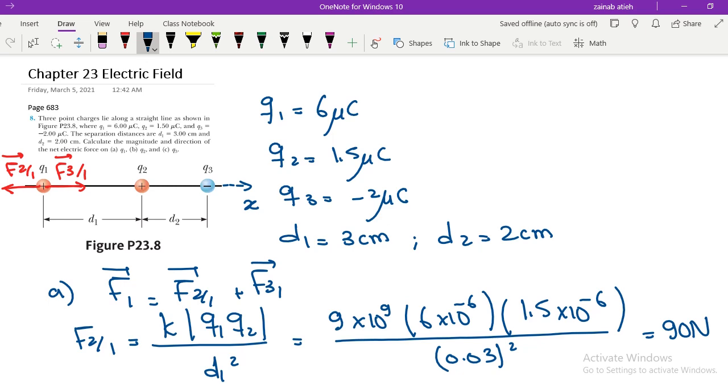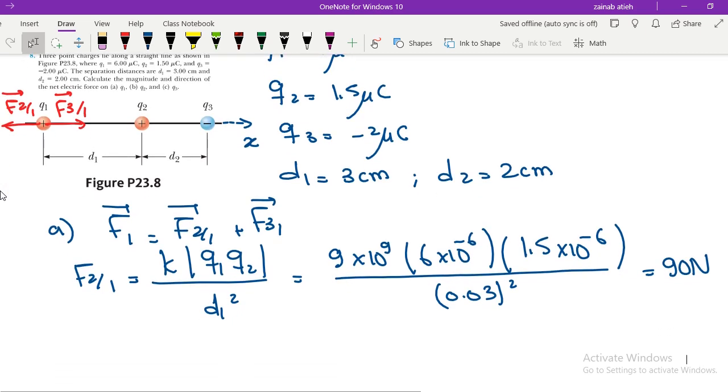And this is the answer. Now I found the magnitude. Now I write it as a vector. How to write it as a vector? Simply I look. Is it along I? Is it along J? Does it need projection? Here it appears that it's along the x-axis but in the opposite direction, opposite to I. So it will be like this.